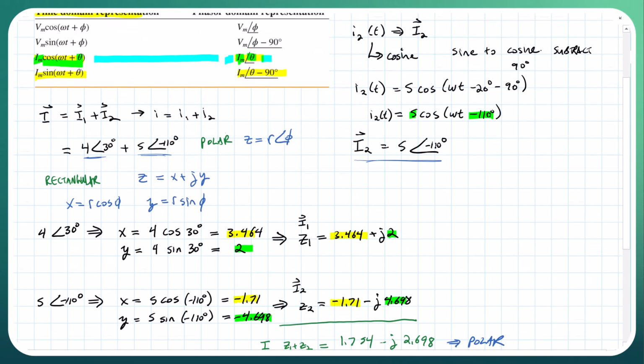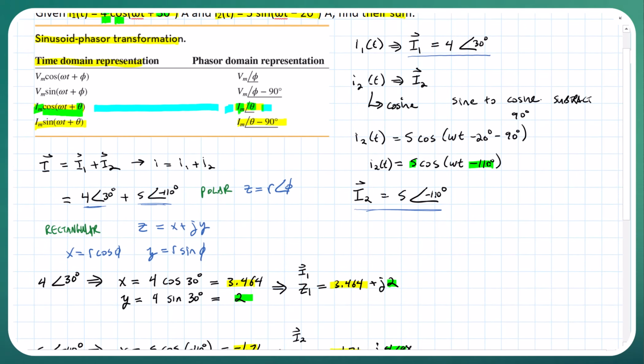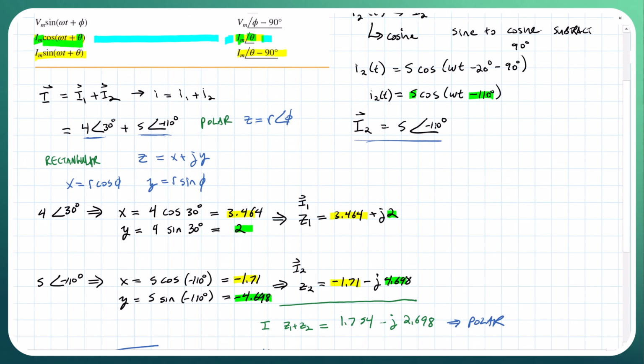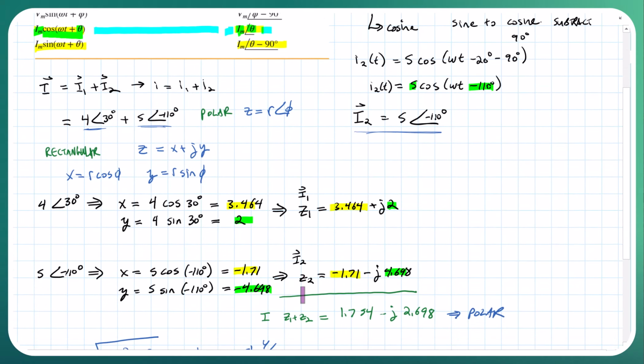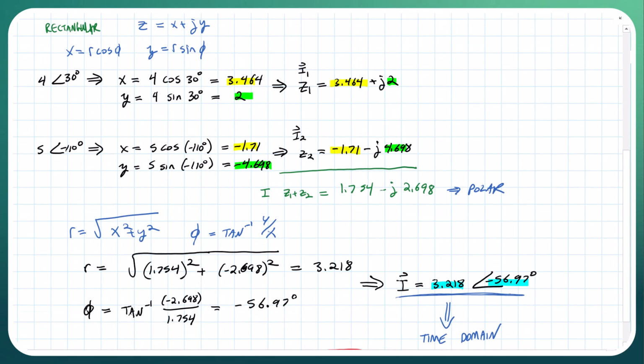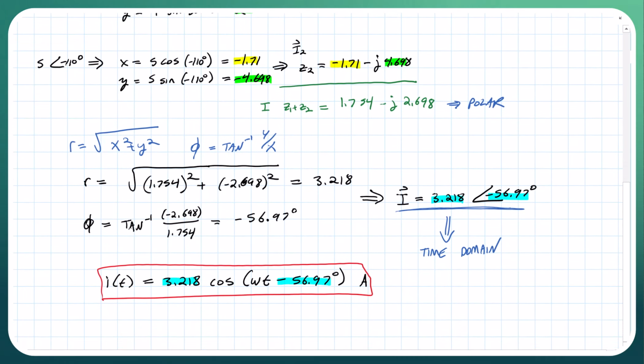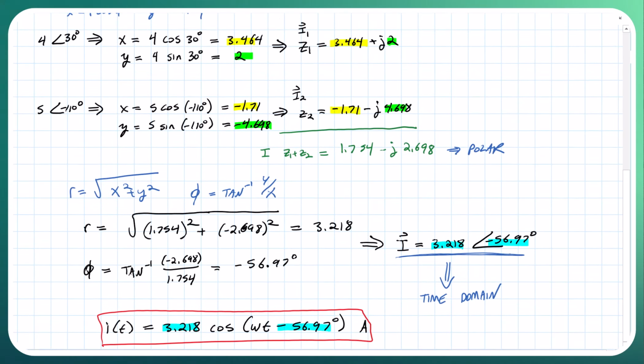Again, to summarize, we had the current in time domain, we converted it to our frequency or phasor domain, and then we went from these polar formats to rectangular format. Okay, and then from there we added them up, and once we did that, we took those rectangular formats and switched back to polar, because now we were able to sum them, and then from that phasor we switched back to time domain, and we got the final answer.